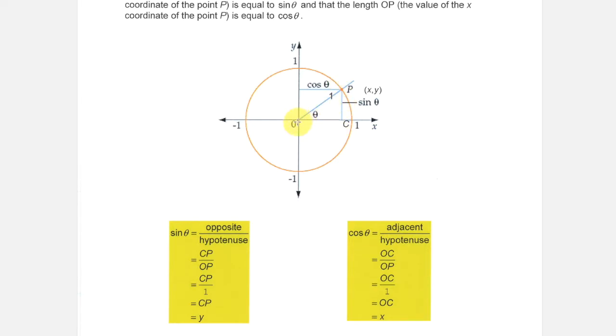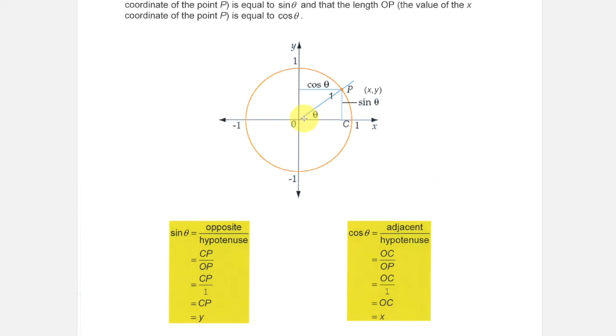You can also see that the ray OP, the line CP, and the line OC form a right angle. Now, for angle θ, if I go opposite over hypotenuse and take the sine of this angle, they'll be equal to one another. So sin θ equals the opposite over the hypotenuse.